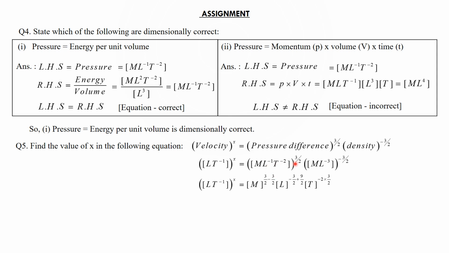Okay, this to the power of minus 3 by 2, and then minus 3 into minus 3 by 2, so plus 9 by 2. Okay, and then T minus 2 into 3 by 2. On solving we get M0 L cube T minus 3, which can be rearranged and written as LT minus 1 to the power of 3. On comparing both sides, we can say x equal to 3.